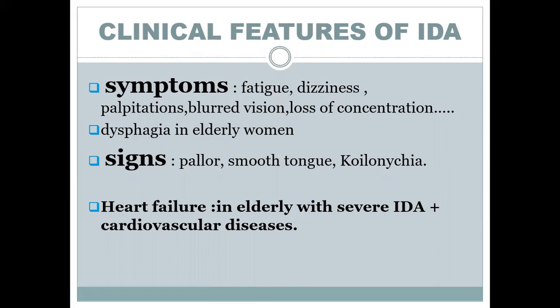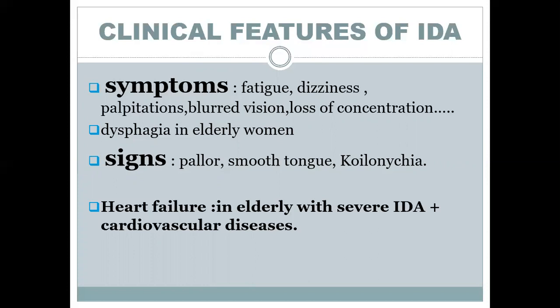Sometimes there is dysphagia in old women. And when we examine the patient, we can find pallor. Sometimes, not always, we find smooth tongue, loss of the papillae of the tongue, and also change in the shape of the nails, what is called koilonychia.